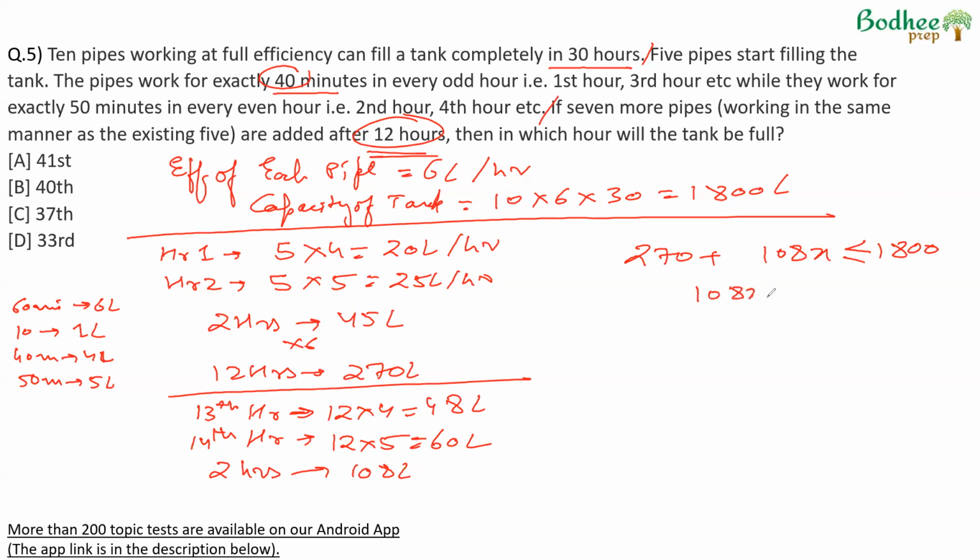So 108X, let us just solve for equal to and see what happens. 1800 minus 270 is 1530. 1530 divided by 108.